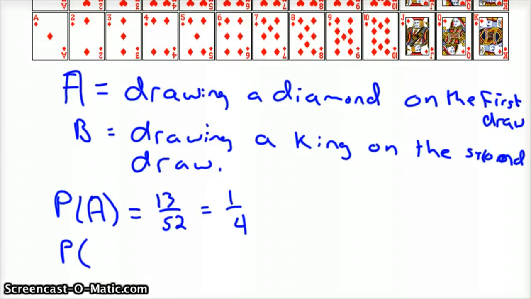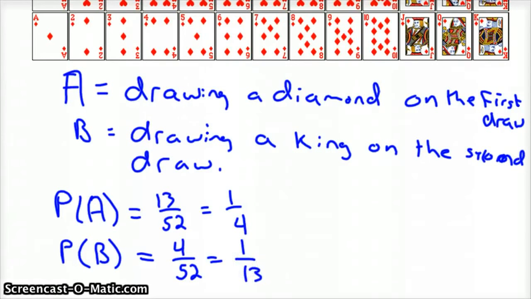We're going to look at this situation again with dependent events where we don't replace the card. But if you replace the card, shuffle it up, make sure it's fair again. There are 4 kings out of 52 cards, which would be 1 out of 13.